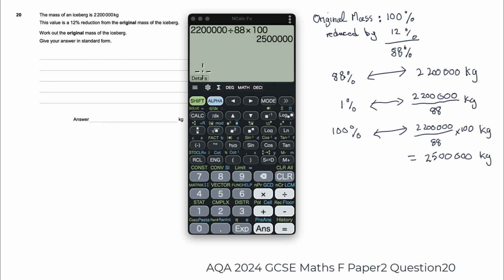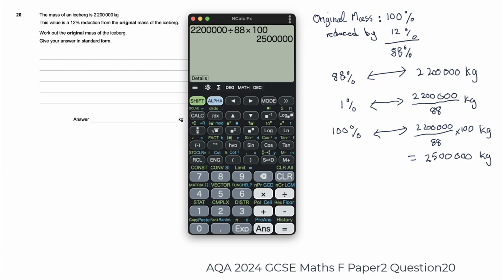However, the question says give your answer in standard form. So on my calculator I have a button, ENG, and if I press that, my calculator now goes into a different mode where it can take this number.